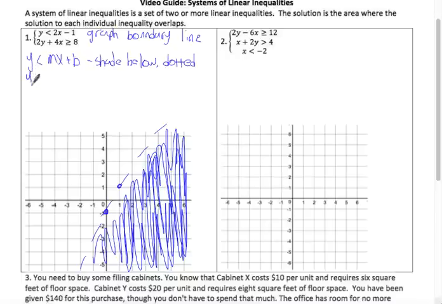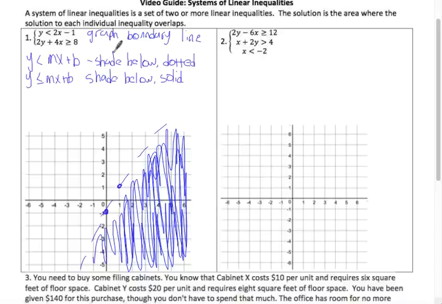But if we had less than or equal to mx plus b, we would shade below still, but with a solid line. And if we had greater than, then it's vice versa. Greater than or equal to would be a solid line, but shade above. And greater than, but not equal to, would be a dotted line, and you shade above.